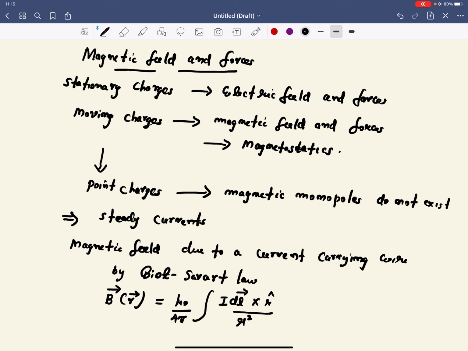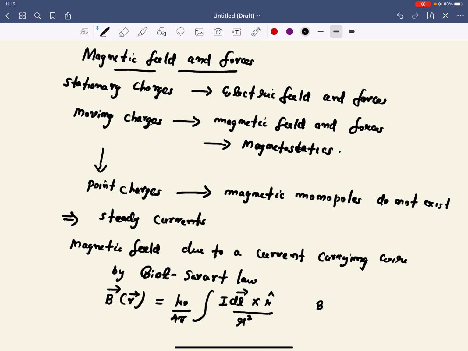You can see here that this magnetic field follows the 1 by r squared law, the inverse square law, very similar to Coulomb's law.